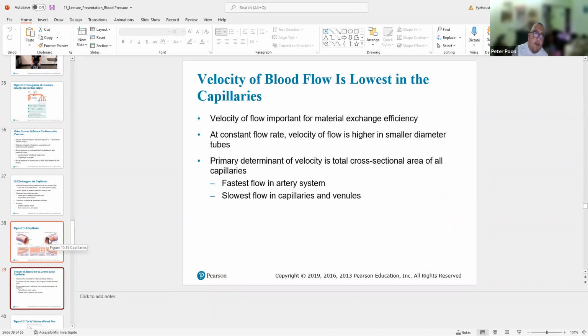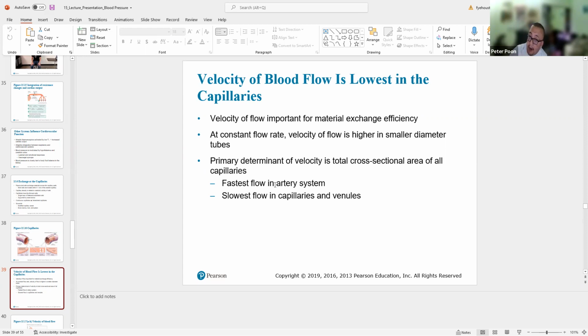So one, velocity of flow is important for material exchange efficiency. The slower the flow, the more efficient the exchange. The slowest flow is in the capillaries and venules where the exchange happens. So it has the greatest cross-sectional area.